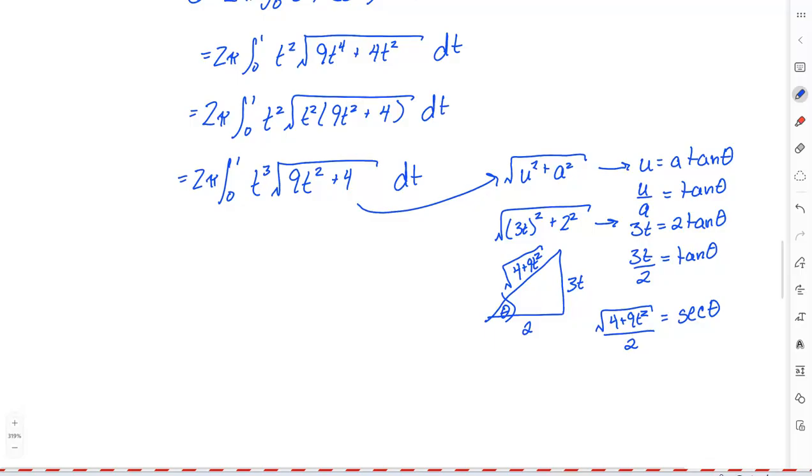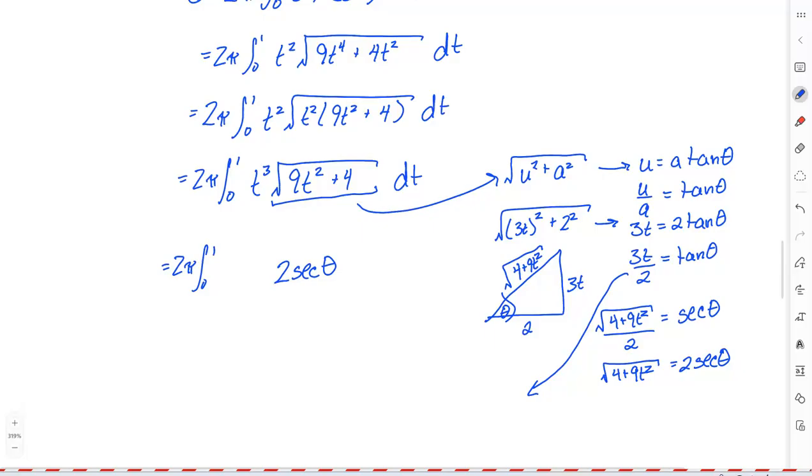And I think we have enough information to make some substitutions here. So the square root of 4 plus 9t squared would be equal to 2 secant of theta. So I can substitute this for 2 secant of theta. And that t cubed is going to come from this. So let me draw a line here.